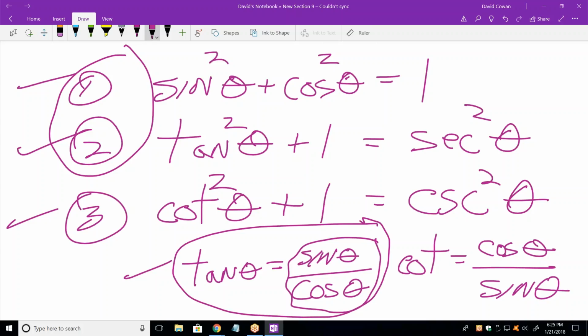These last 2 are called the quotient identities. If you memorize those 6, you can always figure out the other 5. That's really the way to think about it. Don't think about it as having to memorize 11 things. Memorize always as few things as you possibly have to.